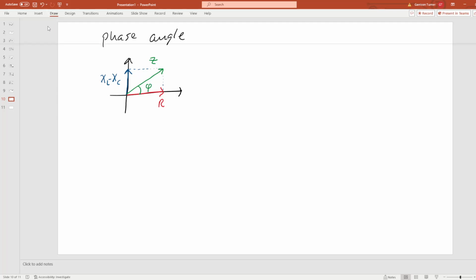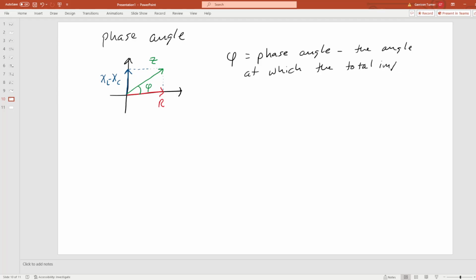So this angle phi is what we call the phase angle. And it represents the angle at which the total impedance makes with the current.